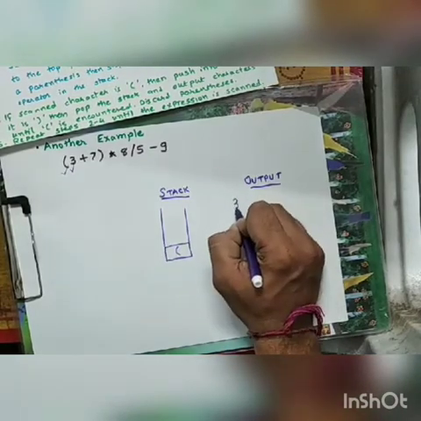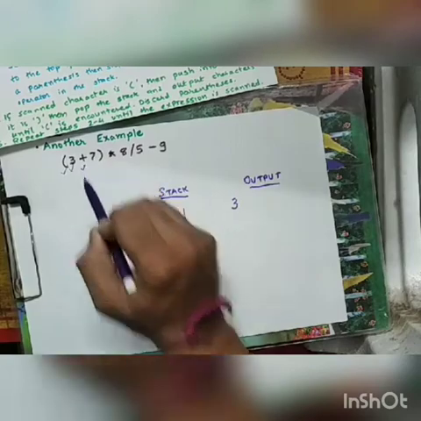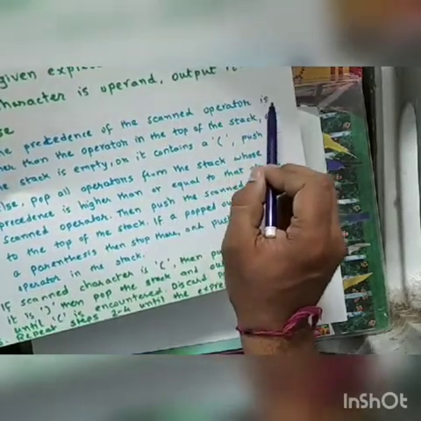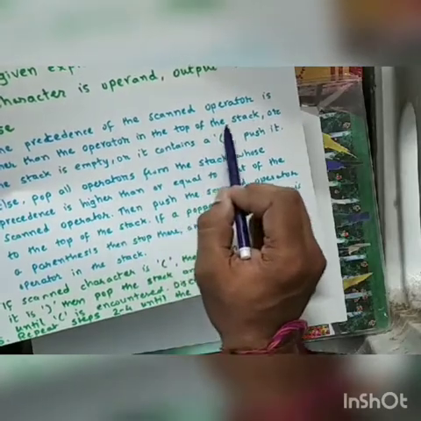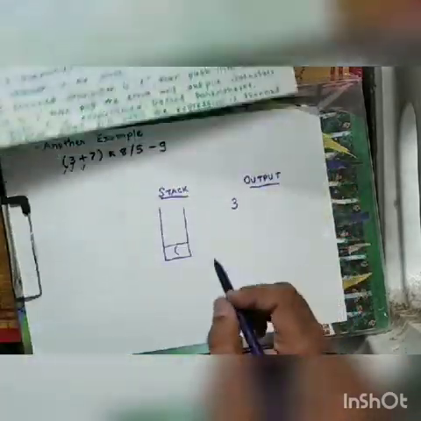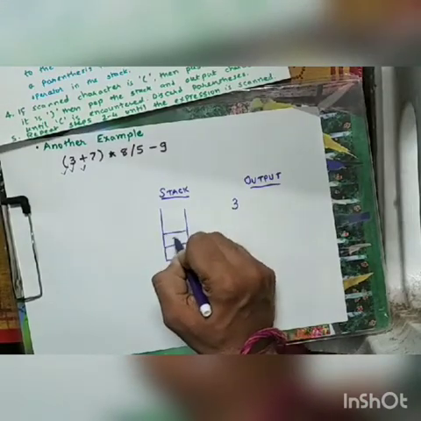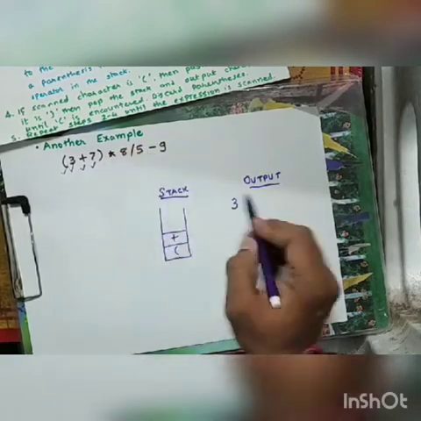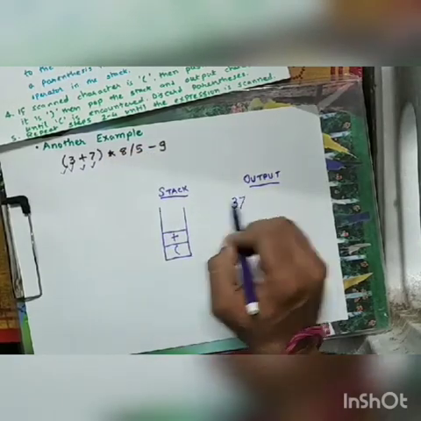Just output it. Then the plus symbol. If the precedence of the scanned operator plus is higher than the operator on the top of the stack, the opening bracket, then push it. So we will simply push the plus operator into our stack. Next is 7, which will be outputted.